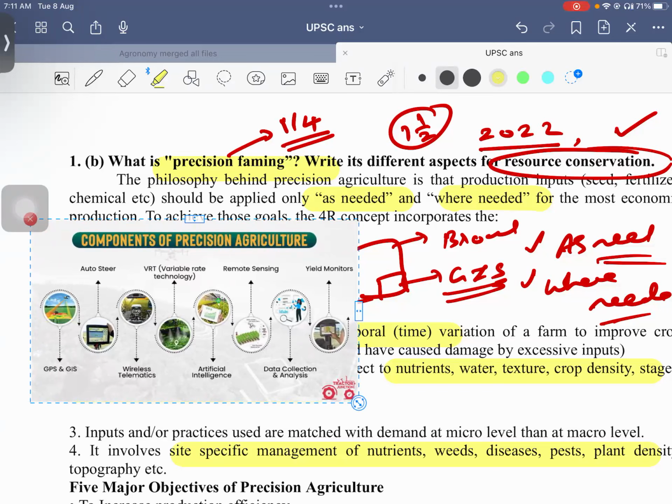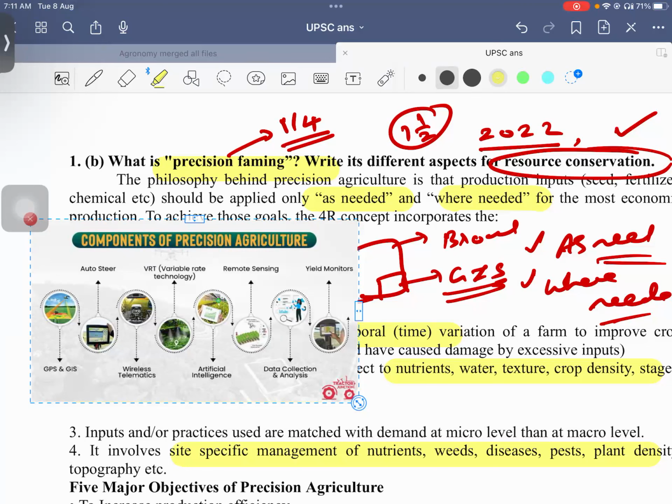Next is auto steer, wherein based on the soil, plant and other conditions, the precision management tools we are using can work automatically. For example, if there is some sowing happening, based on the auto steer principle, it can show the required quantity in that area.